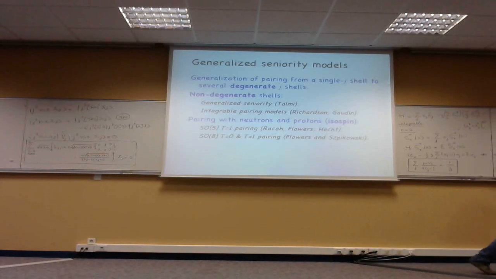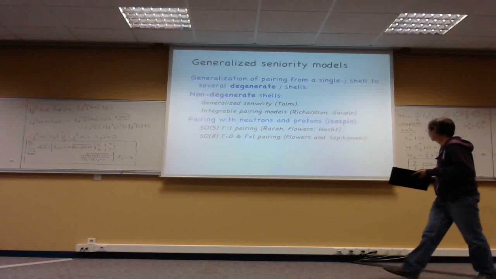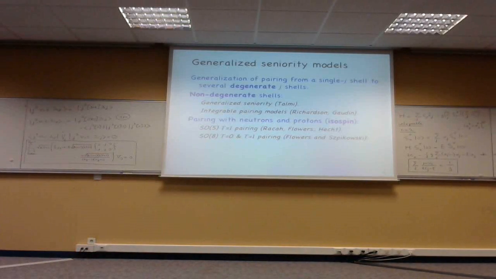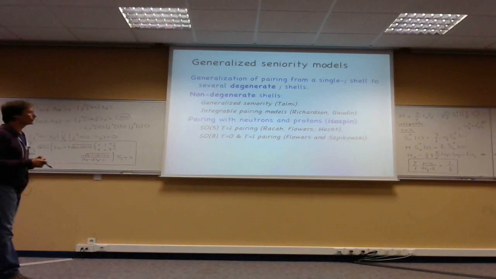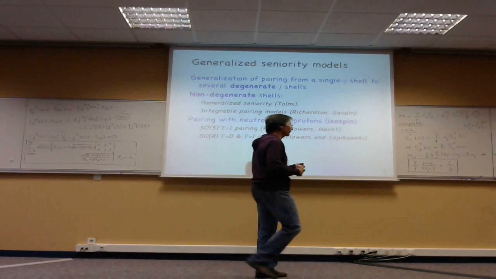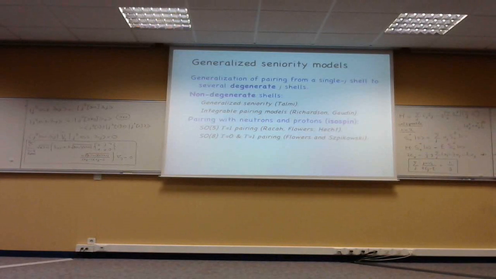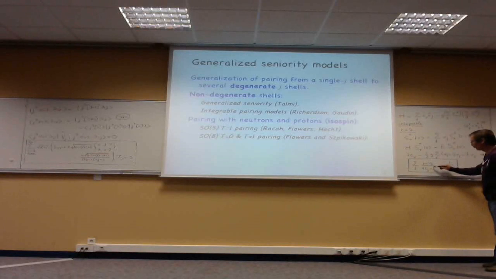Okay, so this is two particles. In the notes you have a few more intermediate steps, but it's simple algebraic manipulations. These are the unknowns, so you want to solve this equation.